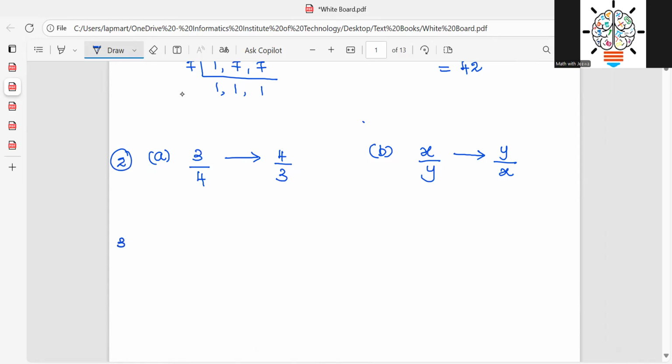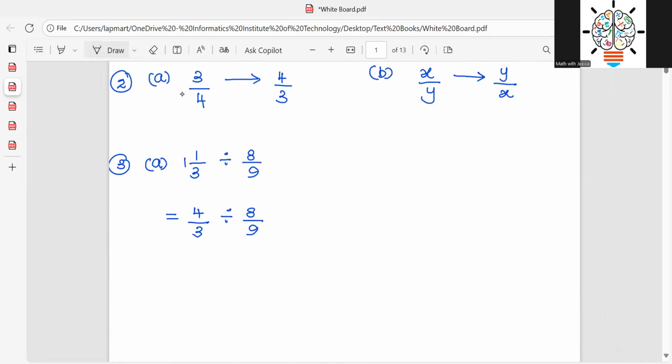Then the third question, the first part. Let's see what I'm doing: 1 and 1 over 3 divided by 8 over 9, right? Here 3 times 1 is 3, 3 plus 1 is 4, so 4 over 3 divided by 8 over 9. Then I have 4 over 3 multiplied by 9 over 8.